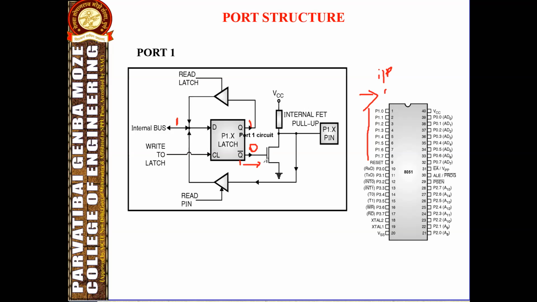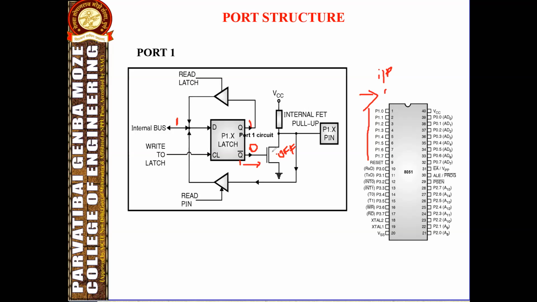So if 0 is fed to this gate, then this transistor acts as a switch here. If I have given 0 to the gate terminal, this transistor will become off. If we provide a zero signal or no signal to the gate, the transistor will become off.